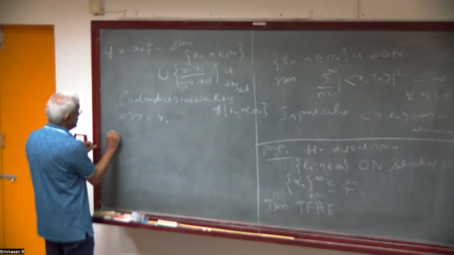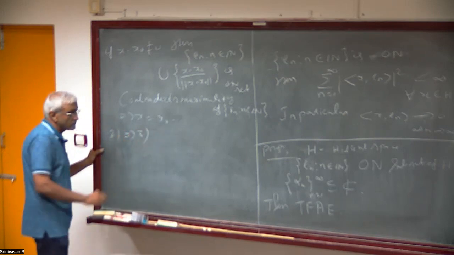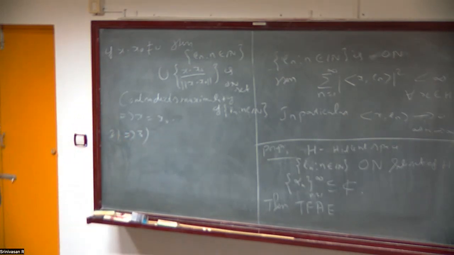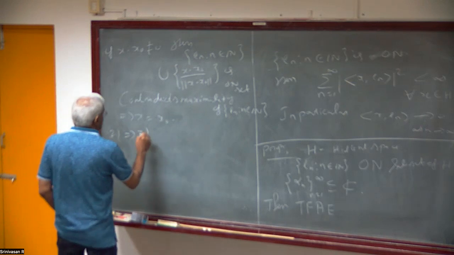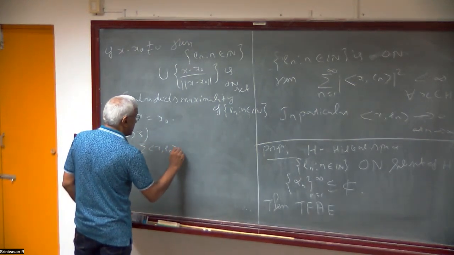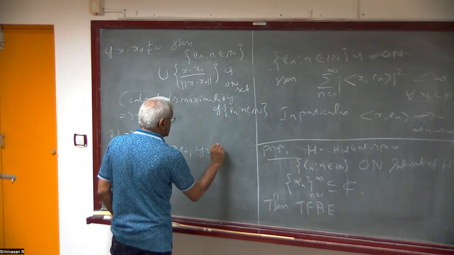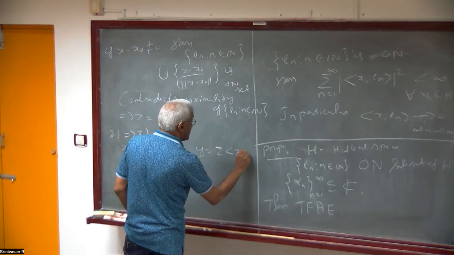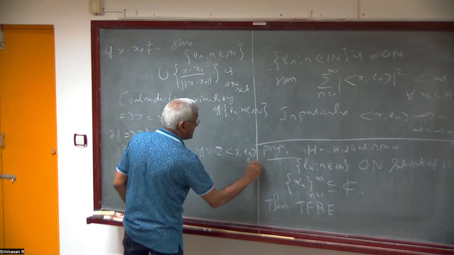Now, 2 implies 3. So when you can expand it like that, 2 says that x equal to the summation of x, En En and y equal to the summation of y, Em Em. That's what 2 says, right?